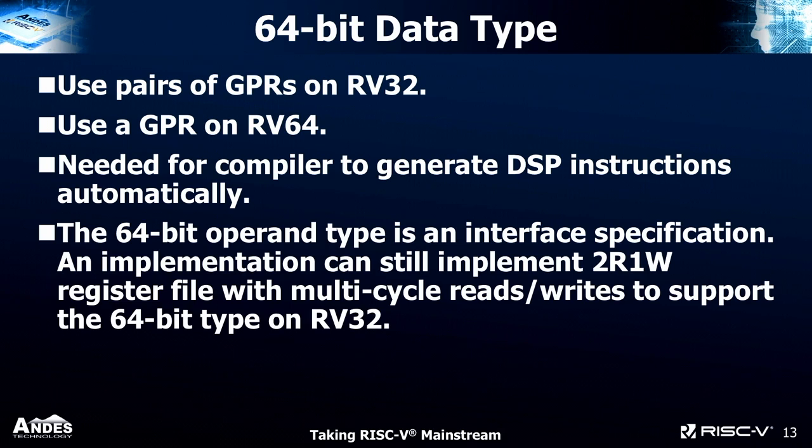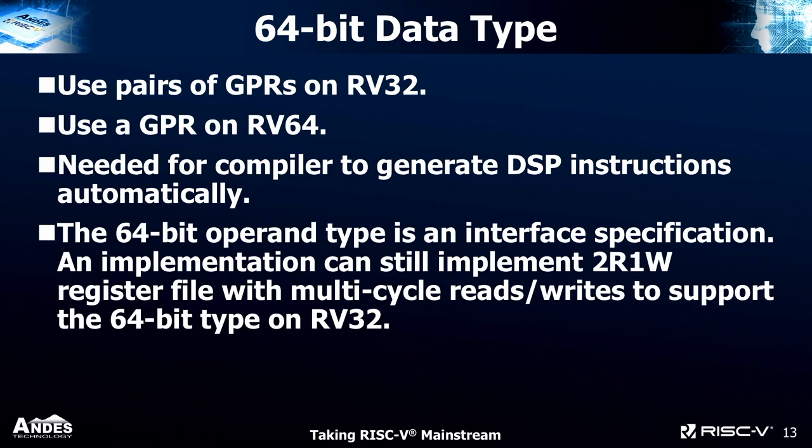About 64-bit data types. In RV32, we propose to use pairs of GPRs to support the 64-bit data types. In RV64, it's already a natural data type, so you don't have to do anything special. Why do we do that? If we support these 64-bit data types, then the compiler can automatically generate the DSP instructions for the 64-bit data type it will actually use frequently.